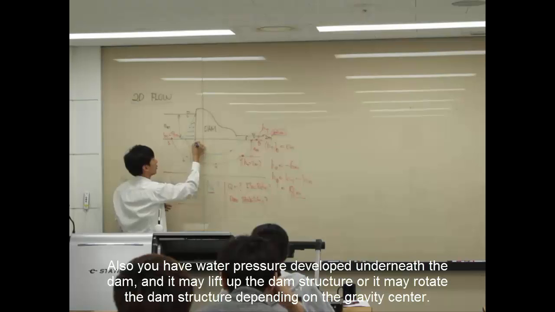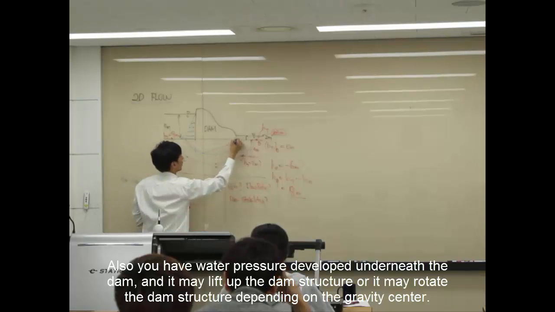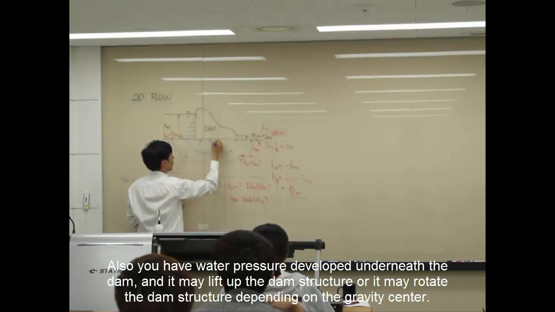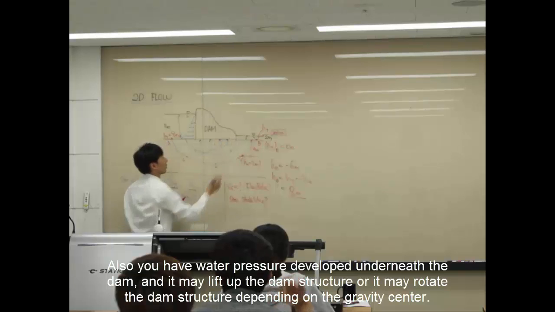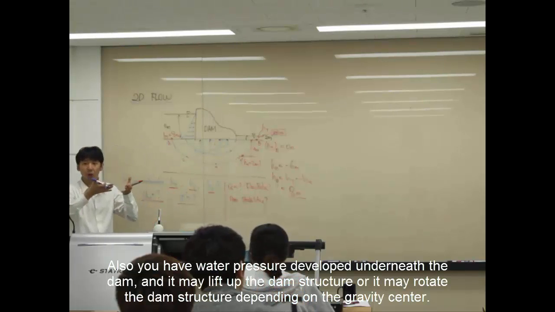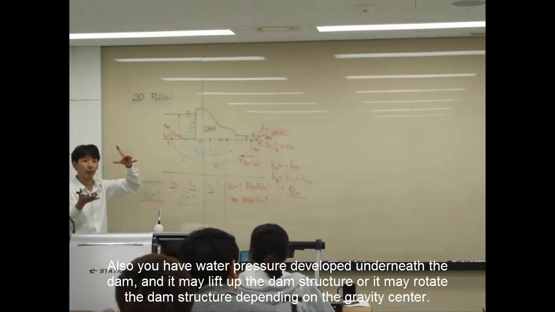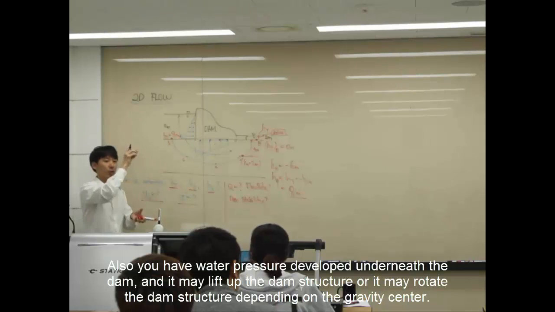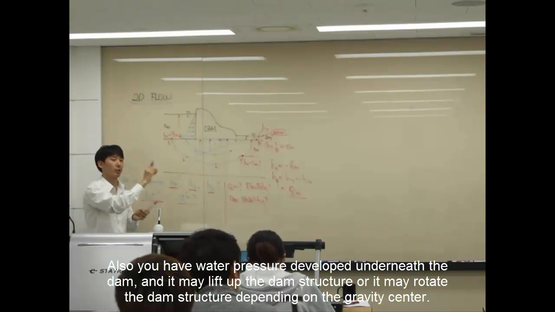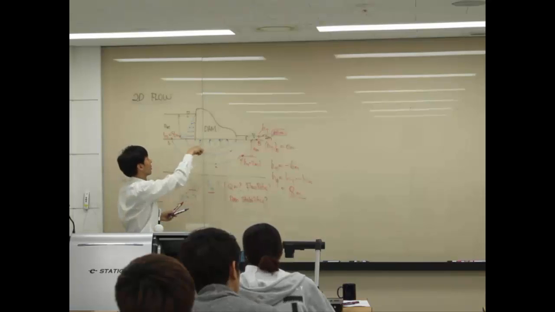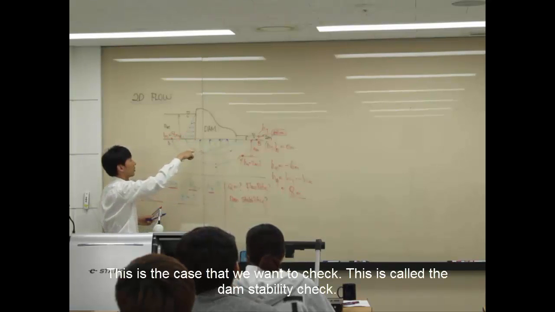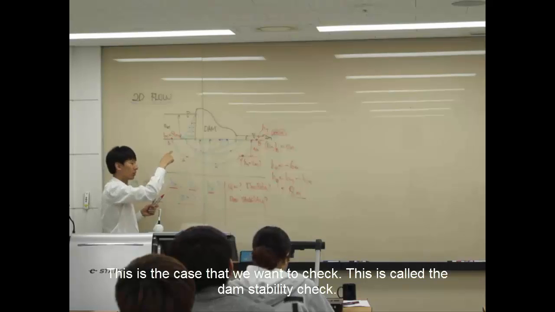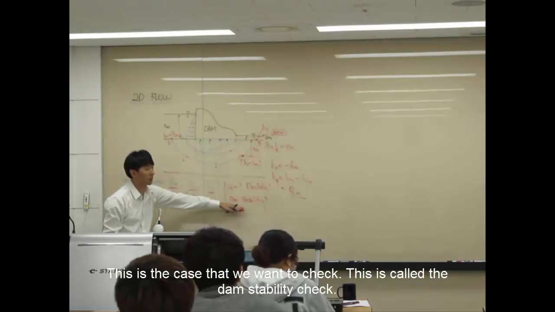And also you have a water pressure developed underneath the dam like this. It may lift up the dam structure, or it may rotate the dam structure depending on where the gravity center is. So this is the case that we want to check, which is called dam safety or dam stability check.